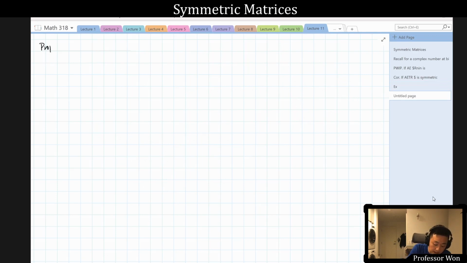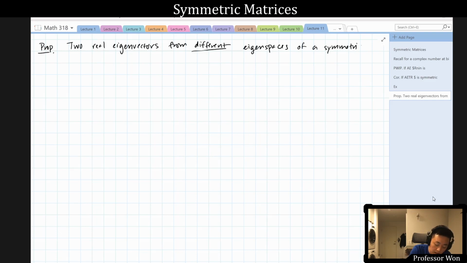So here's the result. Two real eigenvectors from different eigenspaces of a symmetric matrix are orthogonal.